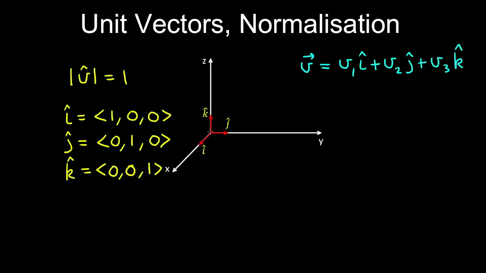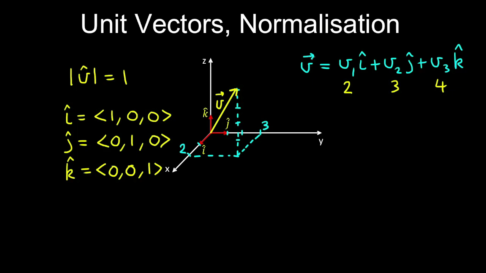So for example, if we take a walk of 1 unit plus another unit along the x-axis, and we walk 3 units along the y-axis, so we have something like this, and we walk 4 units in the z direction, so we have 1, 2, 3 and 4, then our vector v would look something like this. So we have v1 is 2, v2 is 3, and v3 is 4.